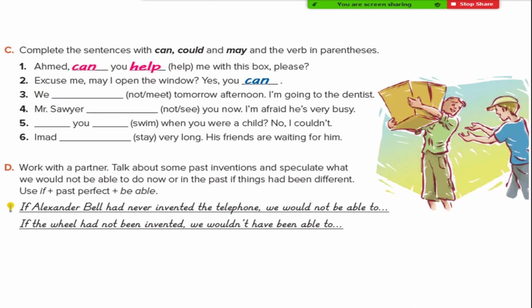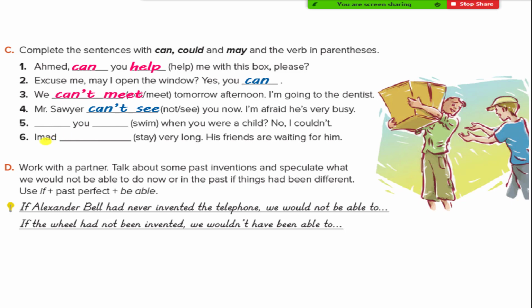Number 3. We can't meet tomorrow afternoon. I'm going to the dentist. Yes, we can't meet. Thank you, Muhammad. Number 4. Mr. Sire can't see you now. I'm afraid he's very busy. Okay, thank you, Ahmed.